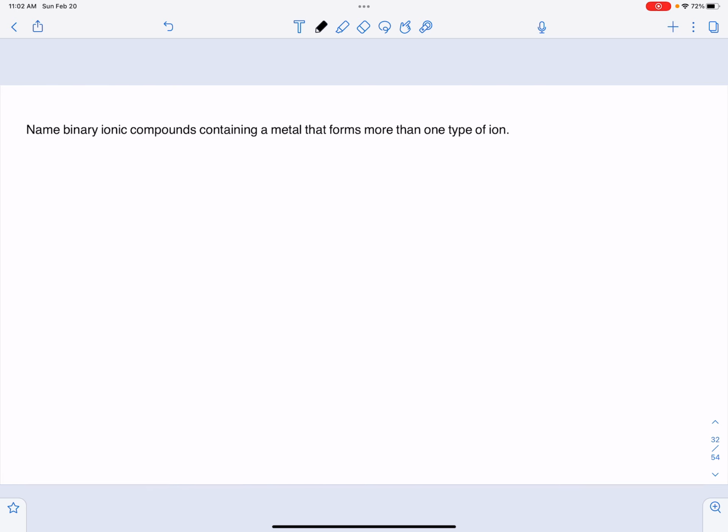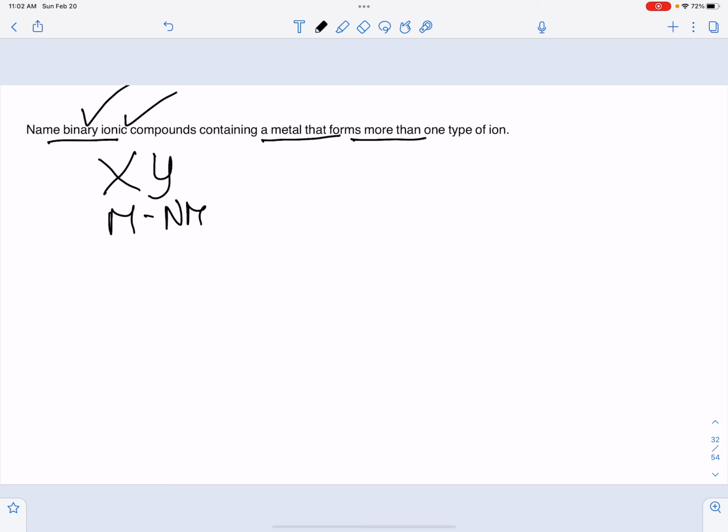Another example, we're still doing binary ionic compounds. Binary means 2 elements, one of them is a metal, the other one is a non-metal. So binary and ionic, containing a metal that forms more than one type of ion.